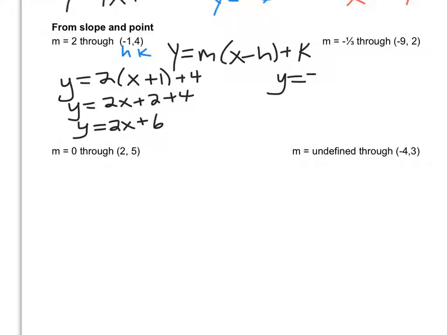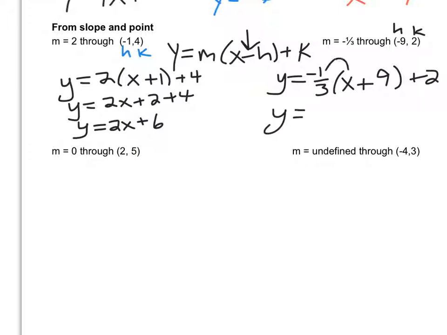Same thing for the next one. Y equals m. My m is -1/3. (x, here's my h and my k. The negative in my formula means to change the sign. So opposite of -9 is +9, and I keep k. So y equals distribute -1/3 x. Negative times a negative is a negative, and let's review multiplying by a fraction.